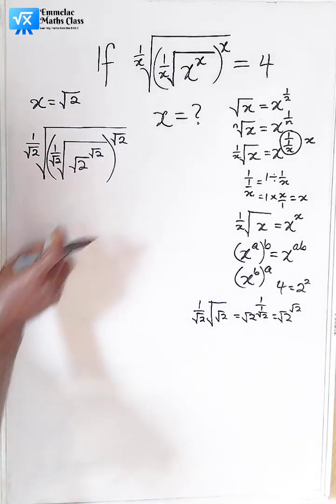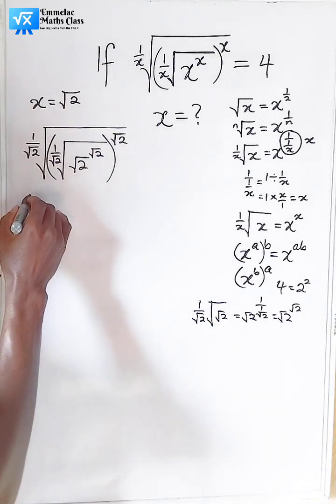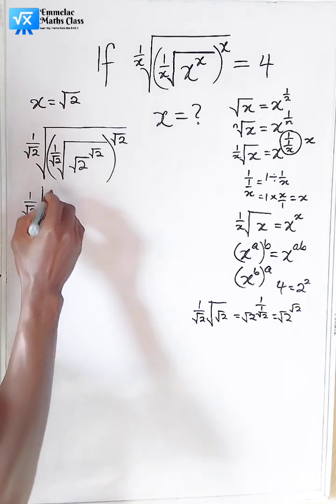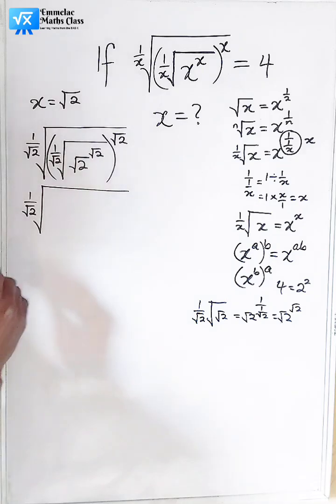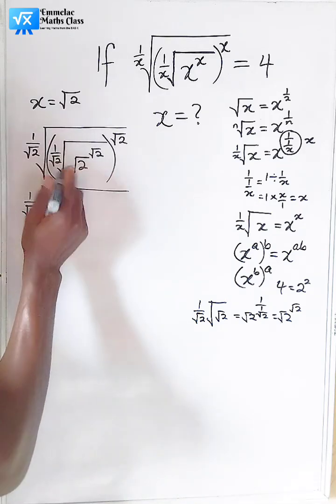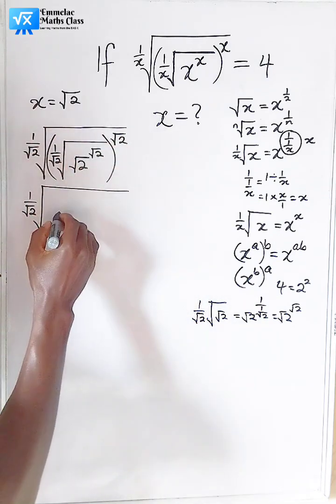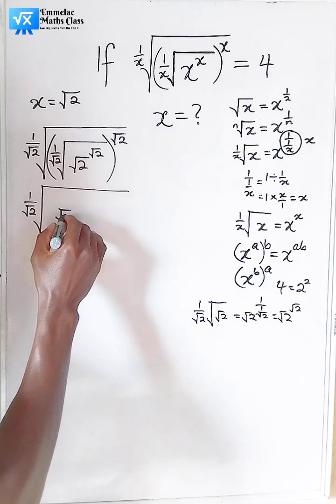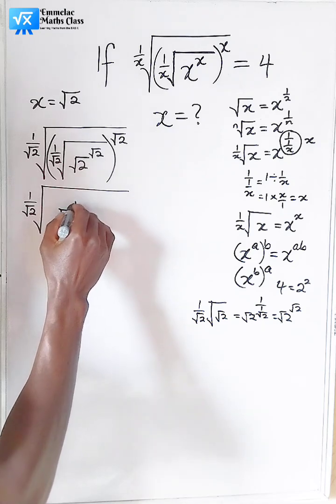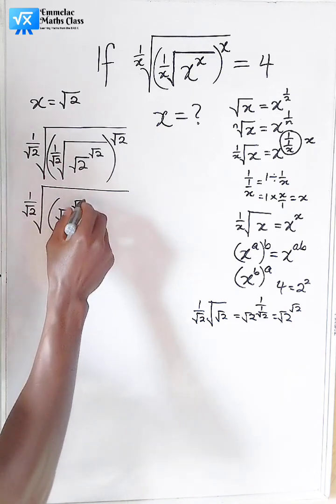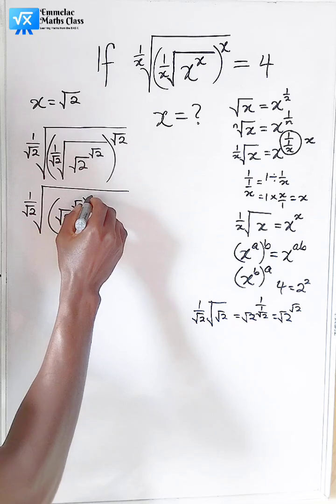Okay, now applying that here, so here we have 1 all over the square root of 2 all over, then 1 all over the square root, then we have 2, the square root of 2 raised to the power of the square root of 2. Okay, now raised to the power of the square root of 2.